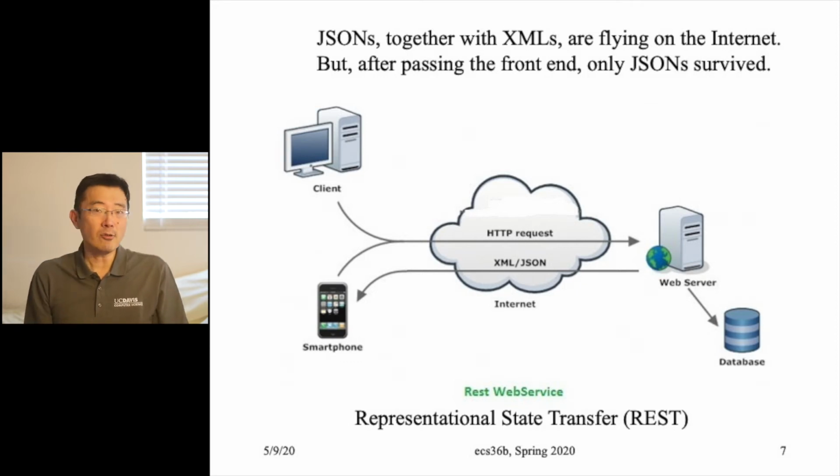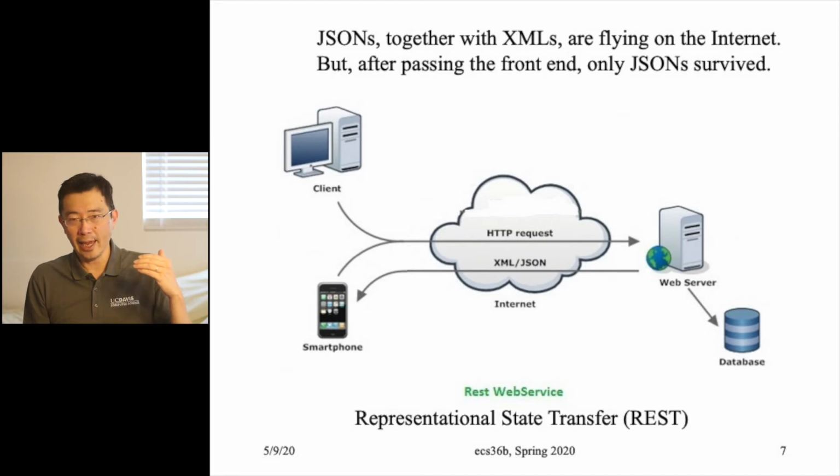However, I do want to say that once this HTTP format with both XML and JSON passes through the front end, basically the XML is gone, but JSON is still there. And in this picture, whatever the web server accesses goes into the database, and what's in the database will be JSON and no XML.